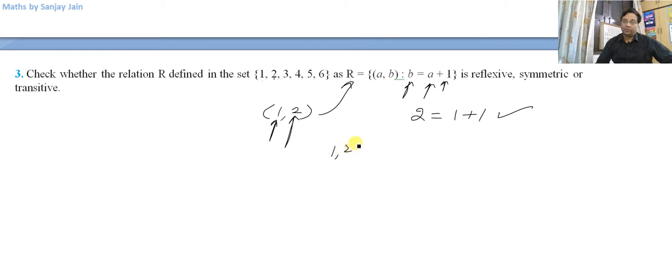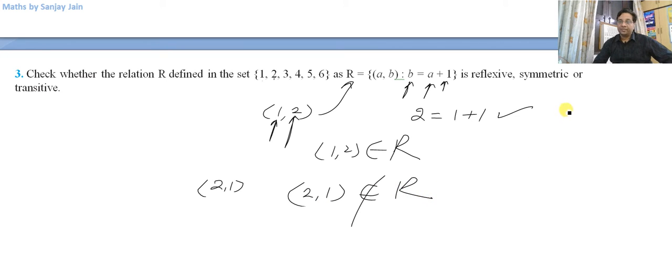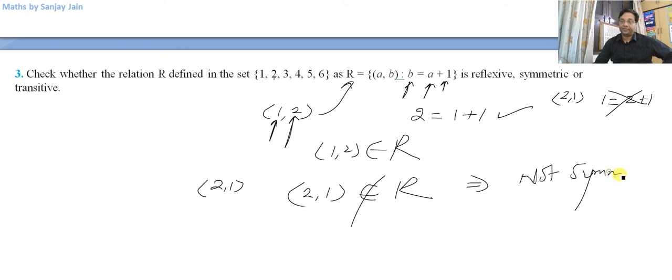So 1 comma 2 belongs to this relation R. But what about 2 comma 1? 2 comma 1 doesn't belong to this relation R, because for 2 comma 1 to belong in this relation R, 1 should be equal to 2 plus 1, which is not true. Hence I can say this relation is not symmetric.